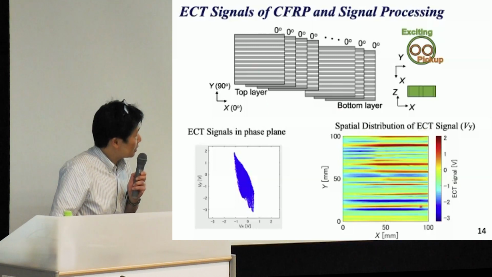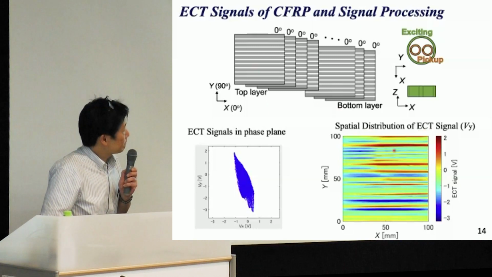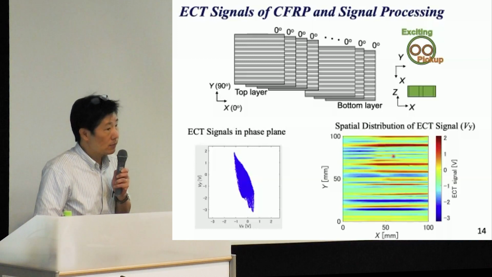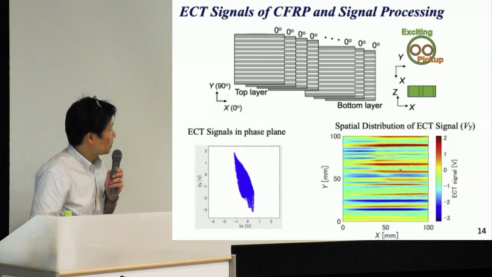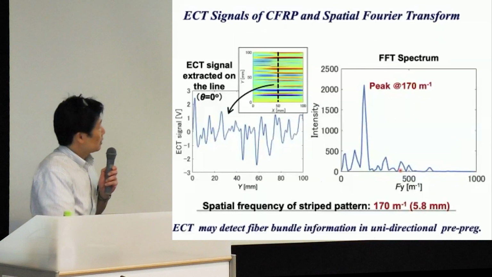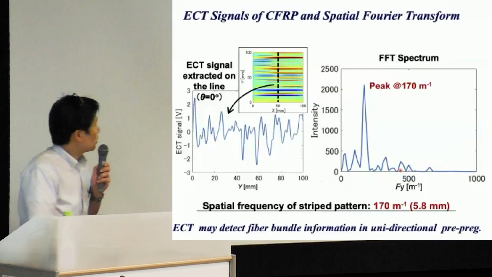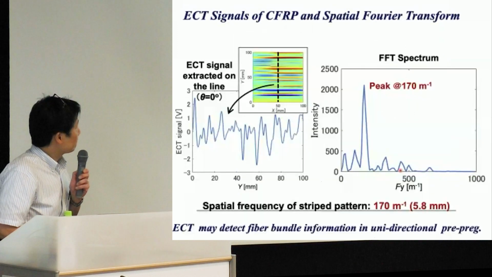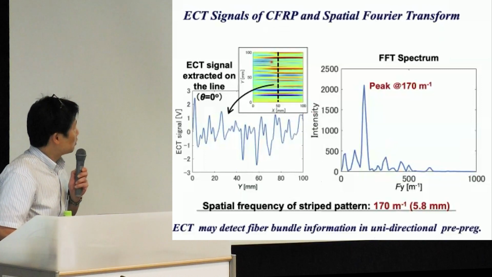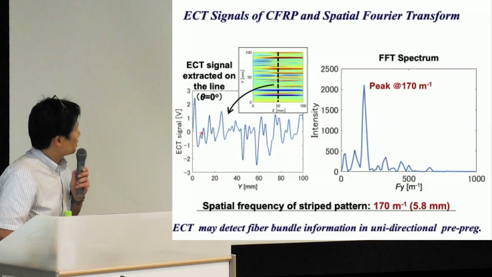As you can see here, there are many striped patterns. In order to analyze more, we extract the eddy current data on this line. As you can see, there is a periodical pattern here.